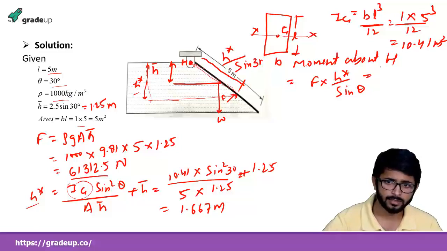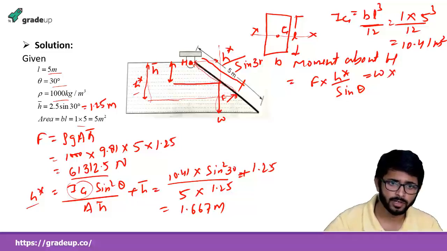It will be equal to the moment of the weight, which is acting downward here. So W into the horizontal distance of this weight component from the hinge.